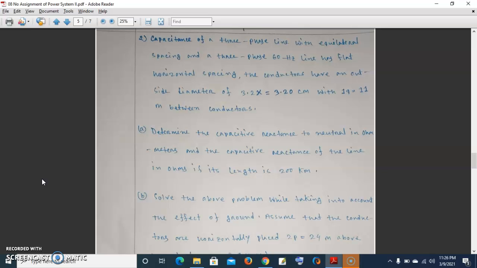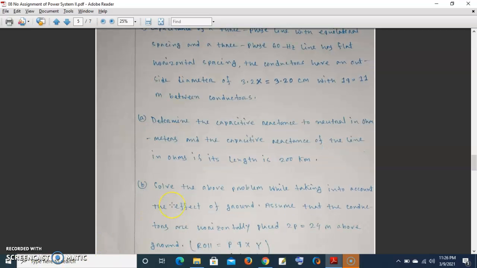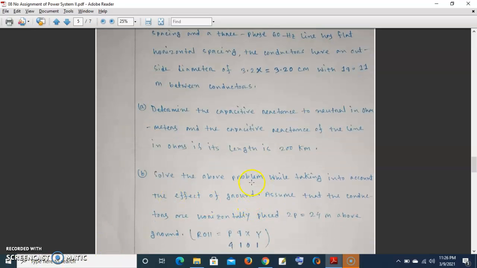Determine the capacitive reactance to neutral in ohm meters and the capacitive reactance of the line in ohms if its length is 200 km. And B. Solve the above problem while taking into account the effect of ground. Assume that the conductors are horizontally placed 24 meter above ground.